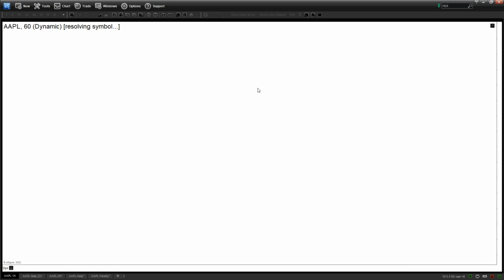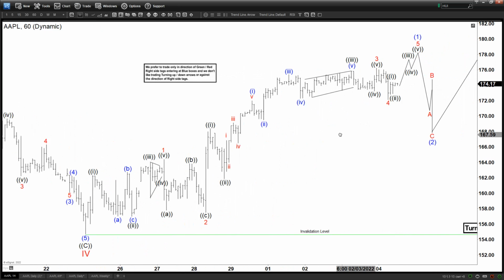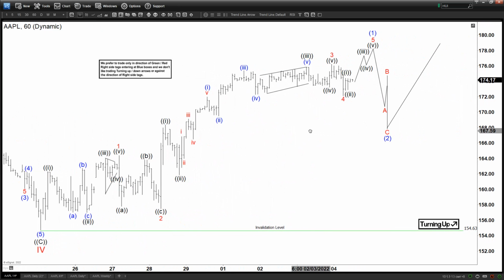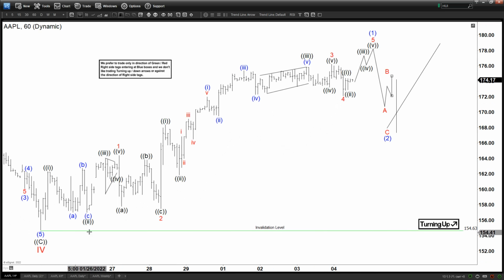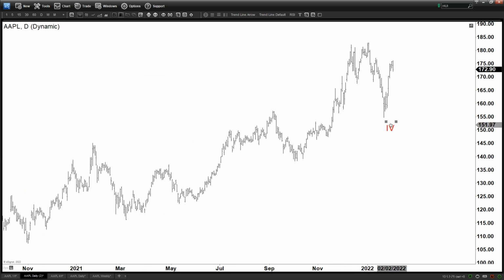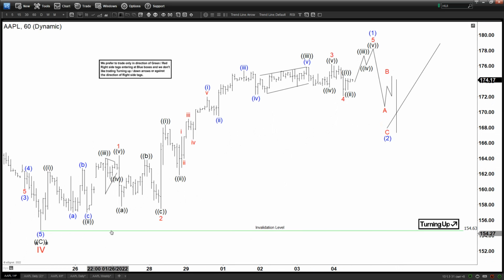Now let me reload this. All right, so what will be the bearish alternate? In order to understand the bearish alternate, we need to look at the larger time frame. So if I look at the daily, let me just copy this 4 right here into this. This is your 4, and then there's also a C right here.